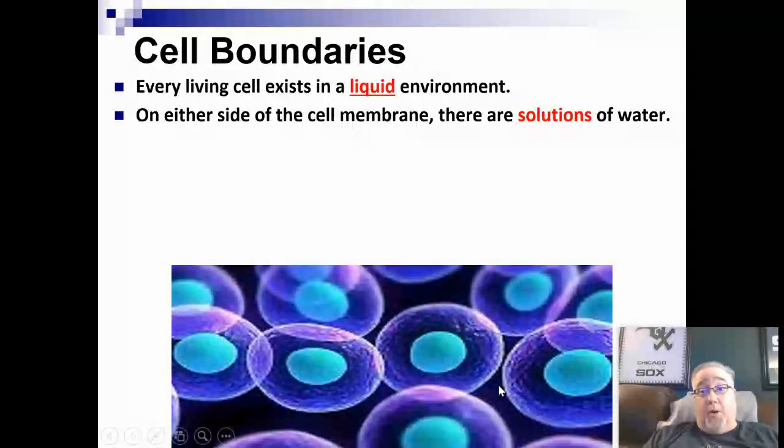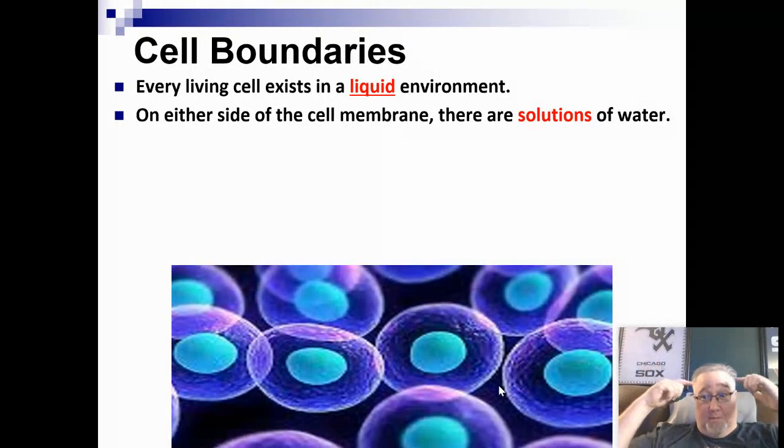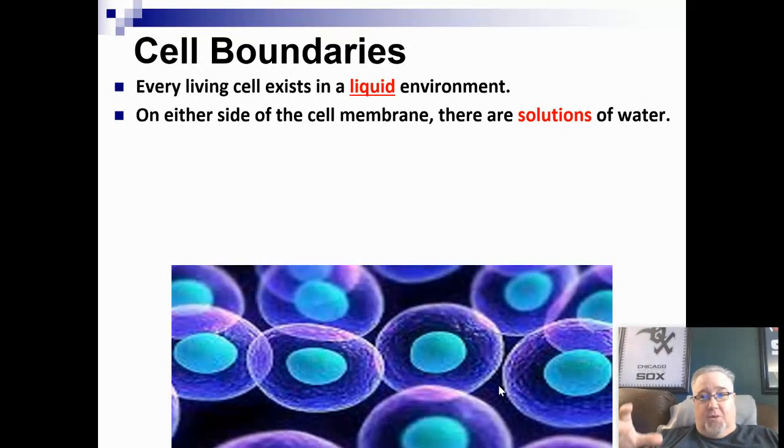Think about your brain, for example, inside your skull. Your brain cells have liquid inside, cytoplasm, like every cell does. But your brain is actually floating inside of your skull in a liquid called cerebrospinal fluid. So your brain is actually surrounded by water.